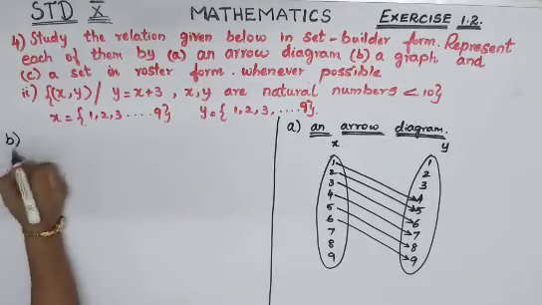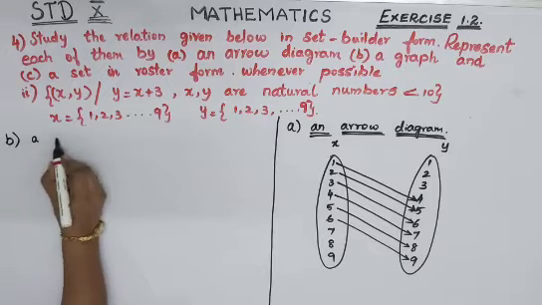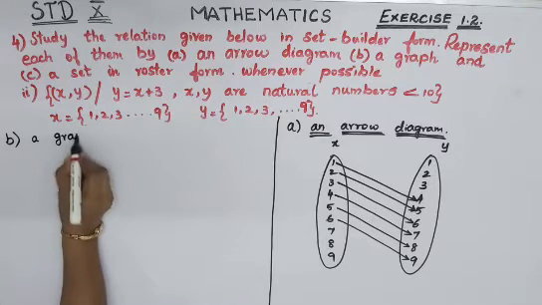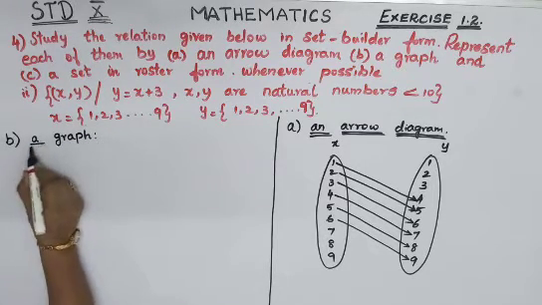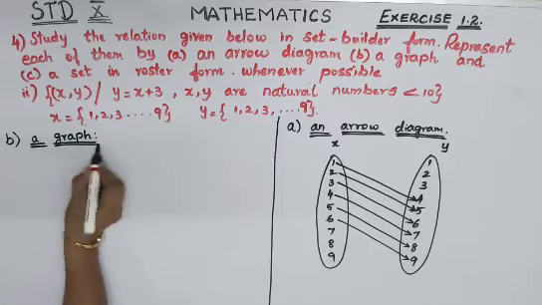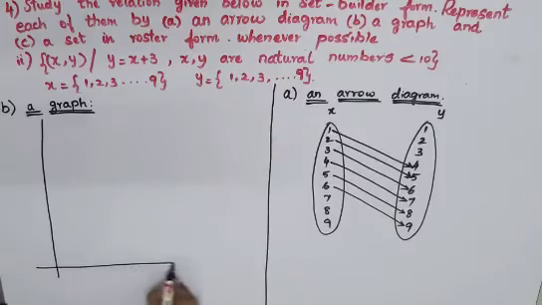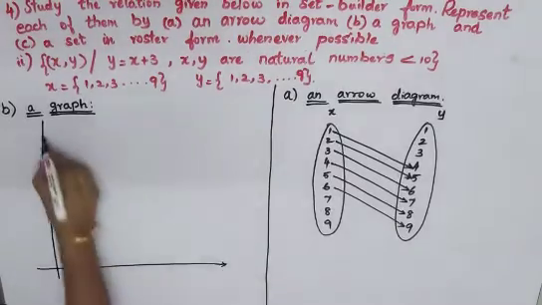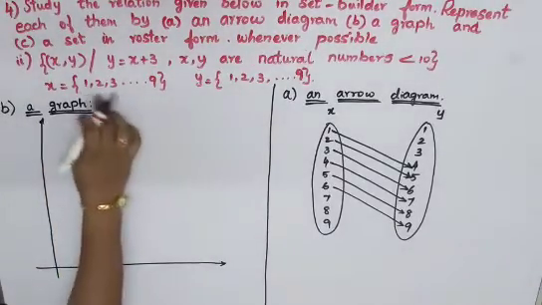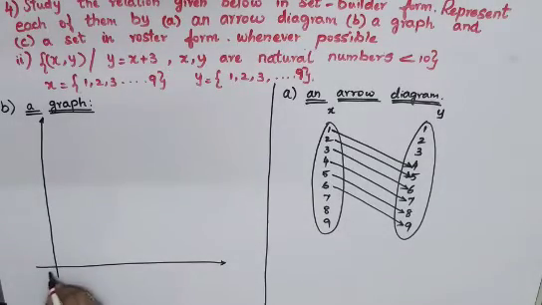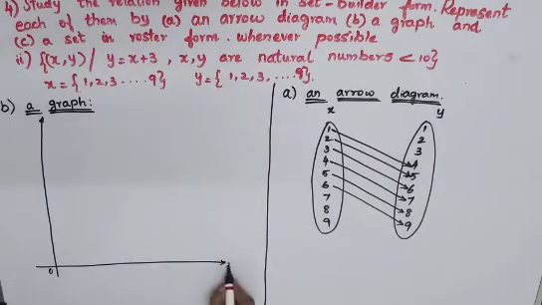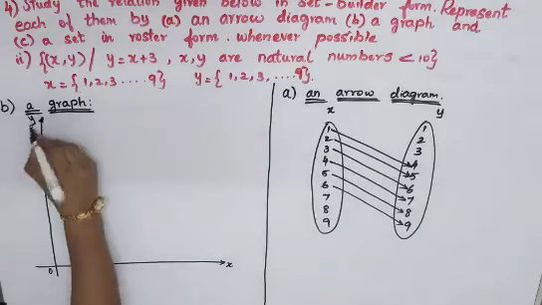Second subdivision, that is your B subdivision, a graph you will have to draw. So a graph, y-axis and your x-axis. So mark the numbers from 1 to 9, both the sides. So 0 here, this is your x-axis, your y-axis.